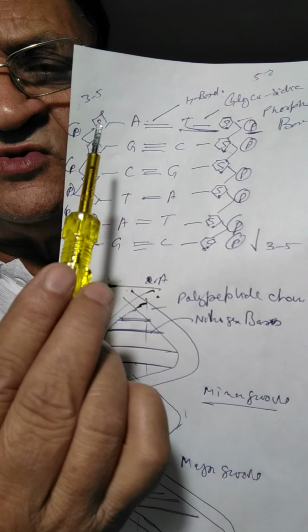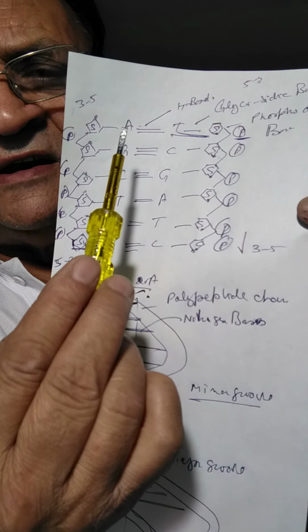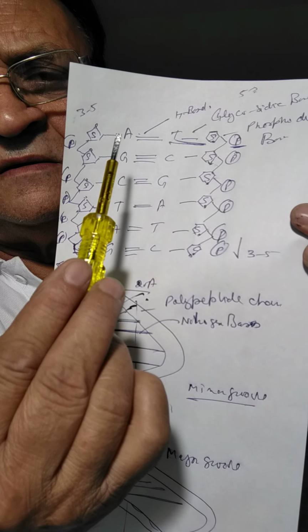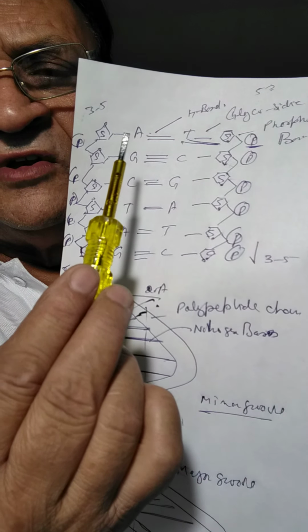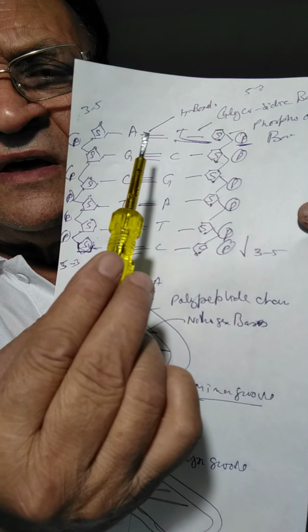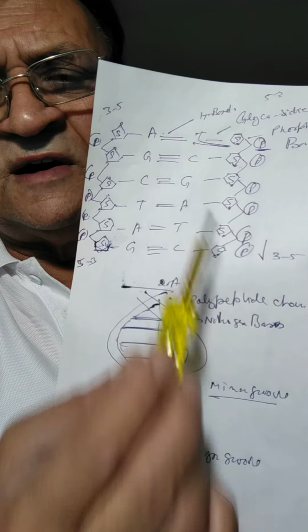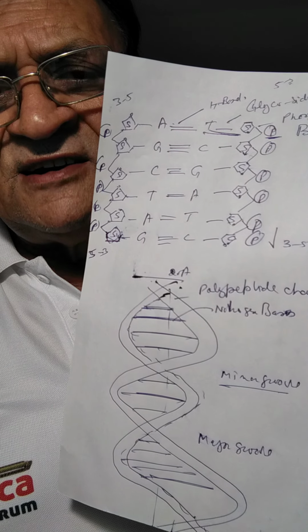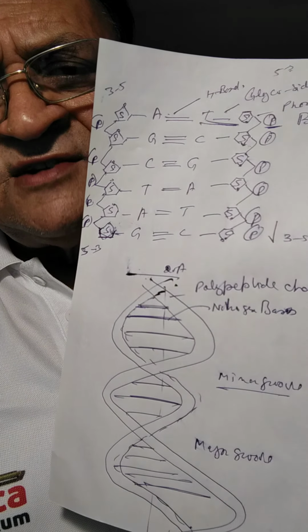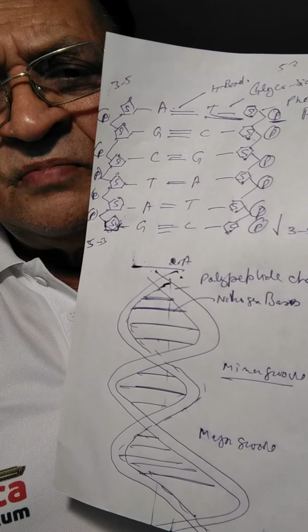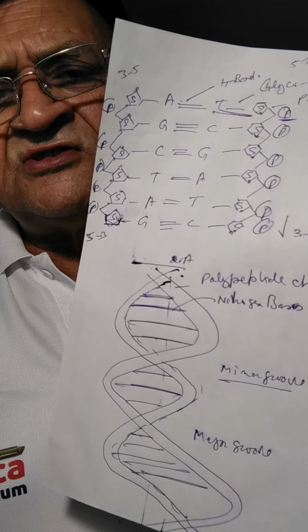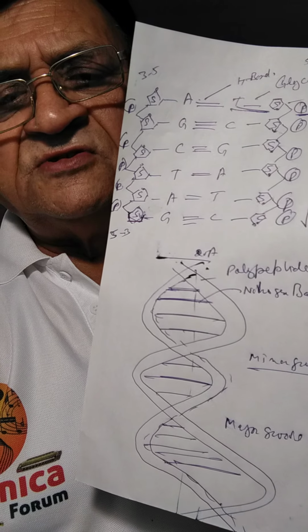Sugar is united with the base by a bond called a glycosidic bond, and these are covalent bonds. Purine and pyrimidine unite: adenine and thymine unite with a double covalent bond, and cytosine and guanine unite with triple covalent bonds.